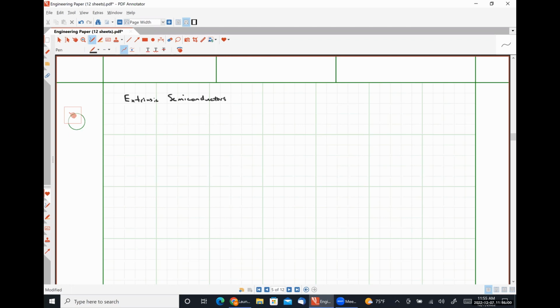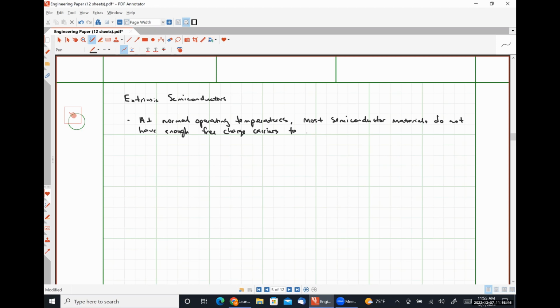At normal operating temperatures, most semiconductor materials do not have enough free charge carriers to be considered good electrical conductors, okay?